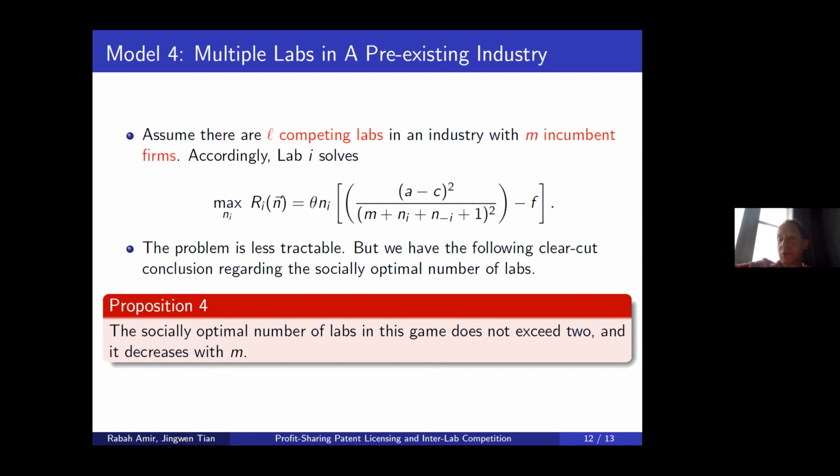So, for instance, it could be that the incumbents sell a brown good, and that brown good is discontinued. No one is allowed to, because of environmental reasons, no one is allowed to produce it going forward. But if you have a green version of it, then you're allowed to produce. And what the labs sell is the green version, the green technology for it. Okay. For instance.